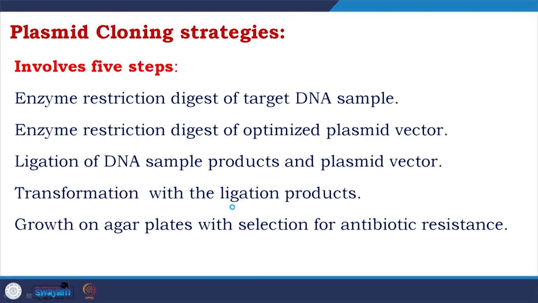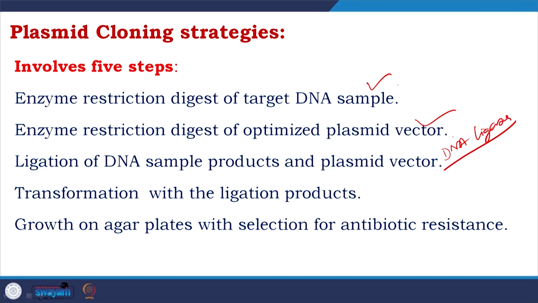So, how do you do the cloning? It generally involves 5 steps. Enzyme restriction digest of target DNA sample, I talked about this. Enzyme restriction digest to optimize vector, I talked about this too. Ligation of DNA sample products and plasmid vector, you have these, then you ligate them using DNA ligase.